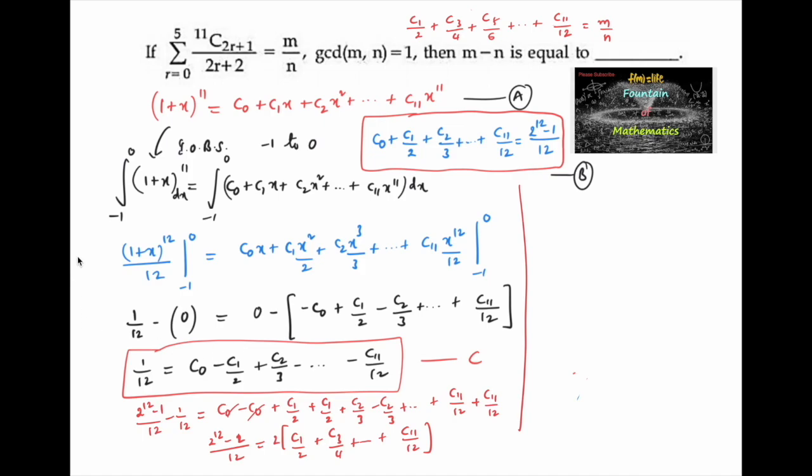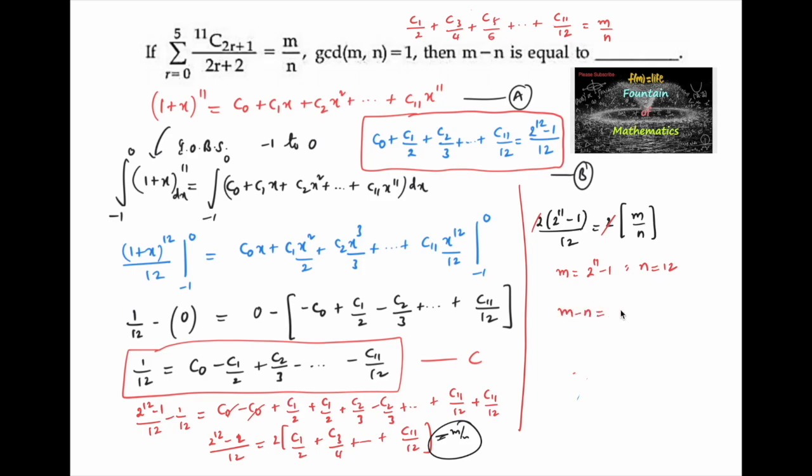So this can also be written, by taking 2 common here, 2 power 11 minus 1 divided by 12 is equal to 2 times of, we know that c1 by 2 plus c3 by 4 and so on is nothing but m by n. So here I can write m upon n, and here we can cancel 2 and 2. So m is equal to 2 power 11 minus 1 and n is equal to 12.